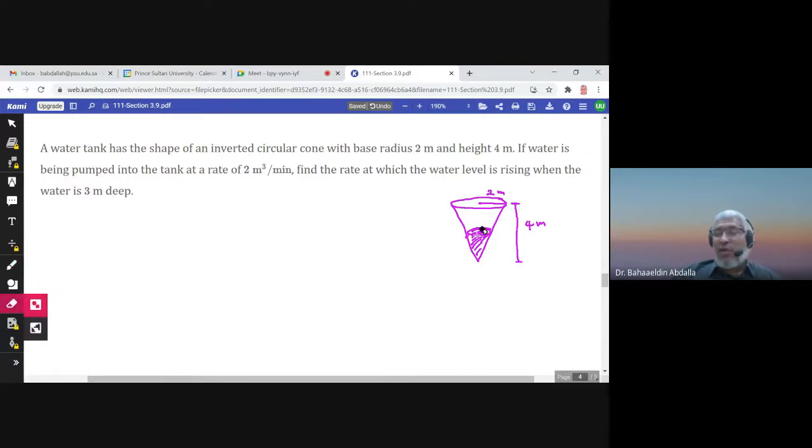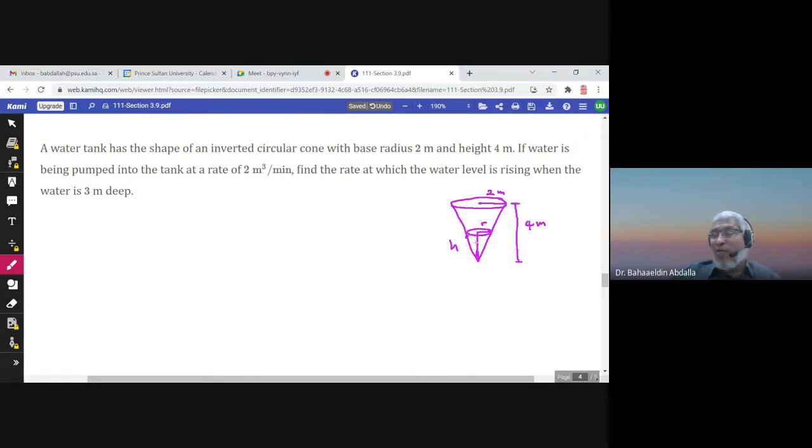So the level of the water is changing with respect to time. This distance, which is the level of the water, let us call it h, height of the water, okay? H, height of the water, it's changing with respect to time. This distance, the radius of the water, I mean the cone when it's filled by water, it is also changing with respect to time when the water increases.